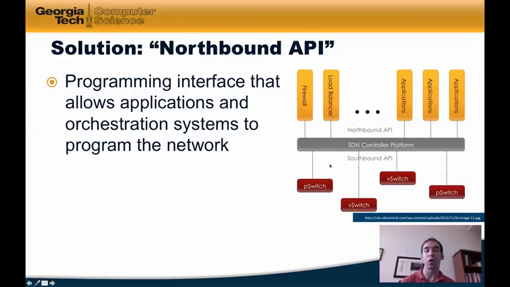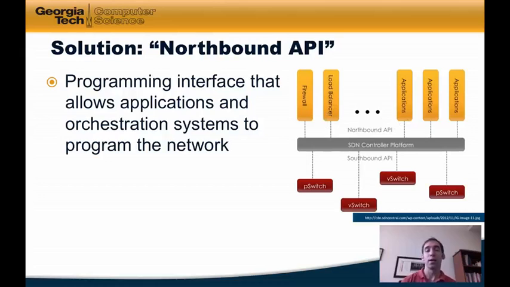Thus far, we have been talking about SDN controllers that use a southbound API, like the OpenFlow control protocol, to control flow table entries in switches. But if we want to implement more complex policies and applications, we would like to develop an API that the controller exposes to higher level applications.